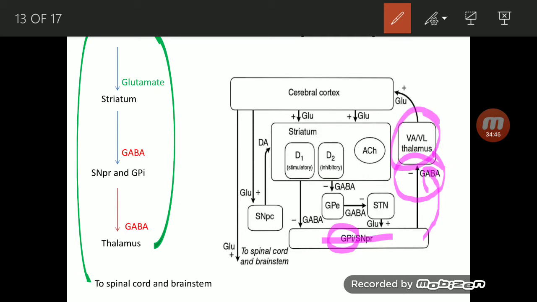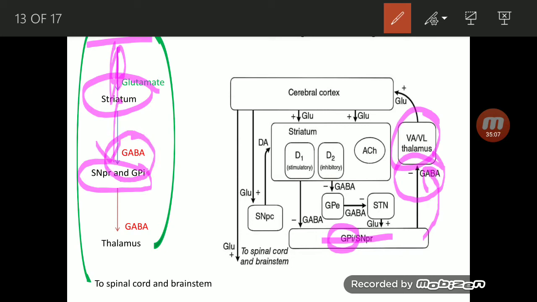So in case of your direct pathway, what is happening is you have your cortex. Cortex sends a signal to your striatum. Striatum is connected to substantia nigra pars reticulata, or globus pallidus interna, with a neuron, and this neuron is secreting GABA.